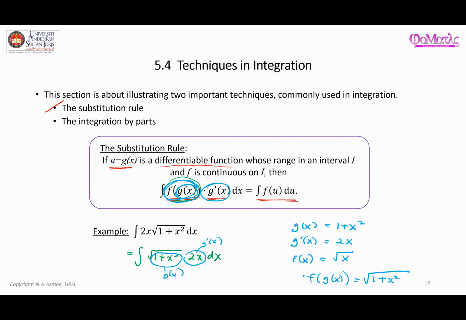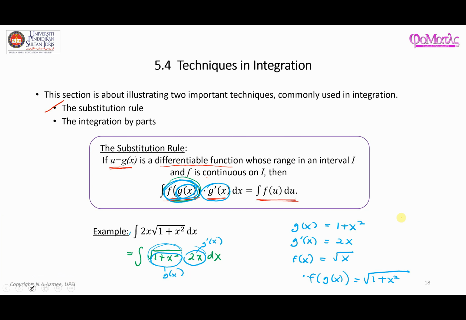Because you are able to see that this whole integral given here can be represented as f composed g of x, and this is g prime x, therefore you can use the substitution rule, the substitution method.